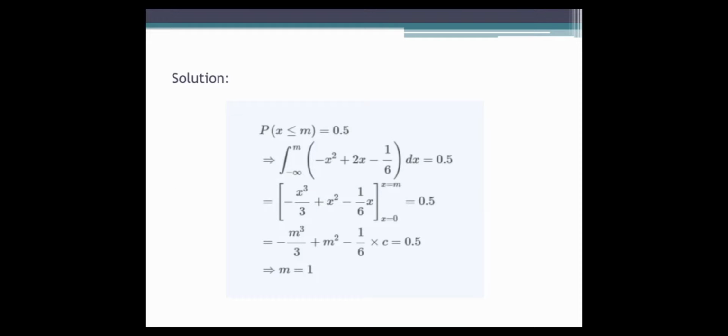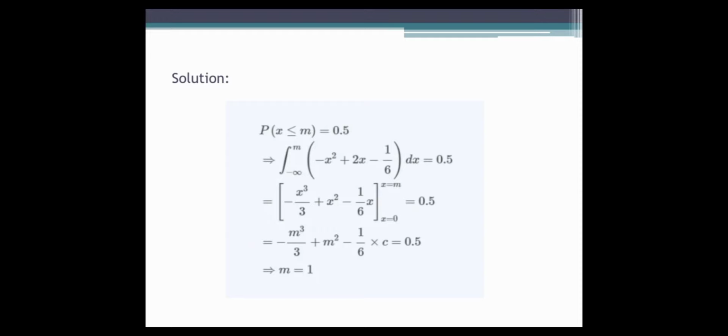So, the solution is the probability x less than or equal to the median is equal to 0.5. So, the integral from negative infinity to the median of negative x squared plus 2x minus 1 over 6, times dx, is equal to 0.5.